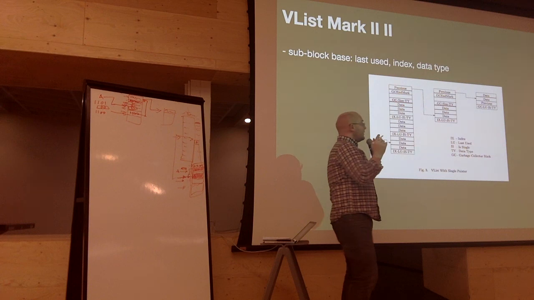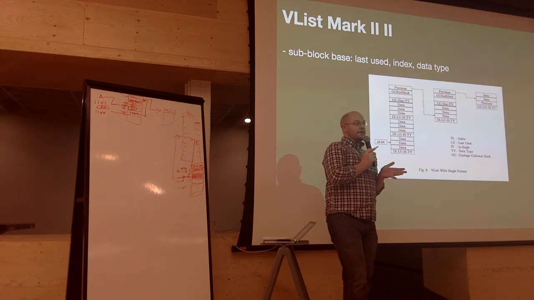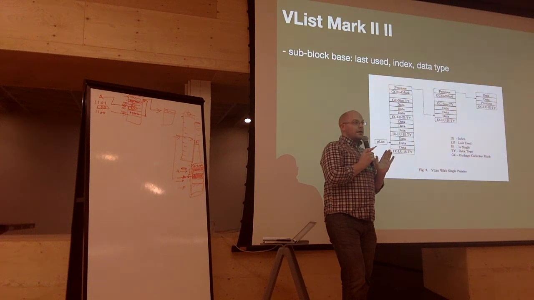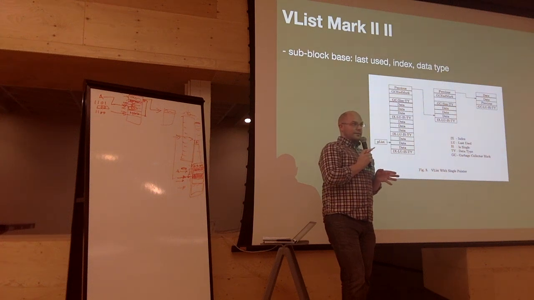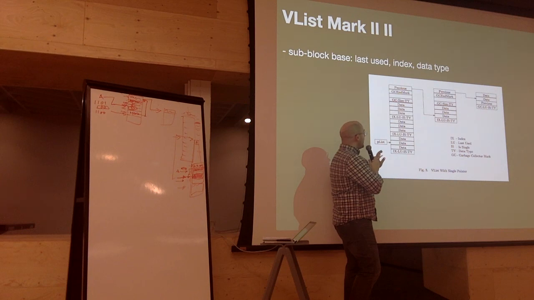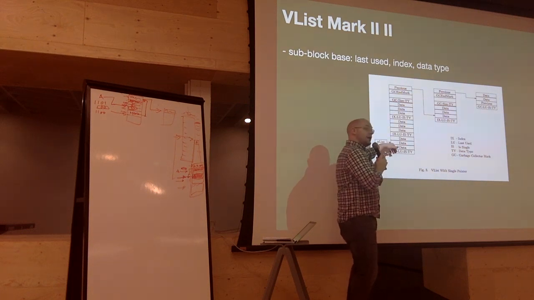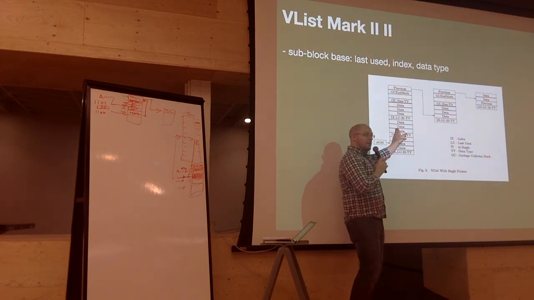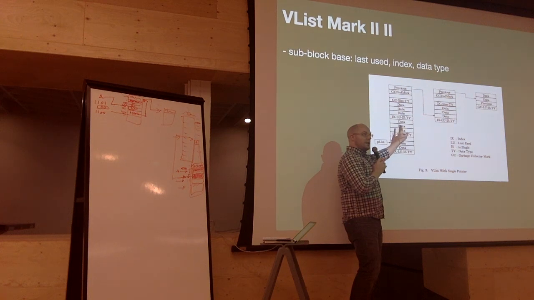We get log n garbage collection performance here. We actually get expected constant time random access. So worst case log n, but expected constant. And we get that because we expect that if we're going to access something randomly in here, half the time it's here in this first list, and we don't have to do anything at all, right?